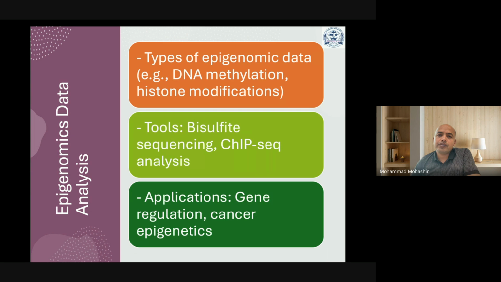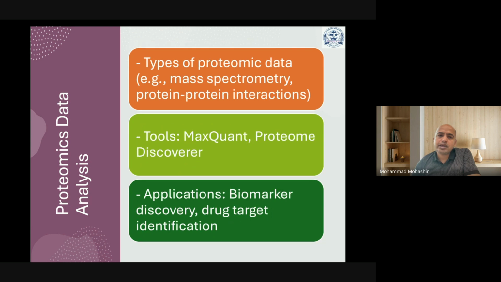Then types of epigenomic data, for example, DNA methylation, histone modification, ChIP-seq, ATAC-seq. The tools used for epigenomic data analysis are bisulfite sequencing and ChIP-seq analysis. Applications are in gene regulation and cancer epigenetics. Now in proteomics, types of proteomic data are mass spectrometry and protein-protein interactions.